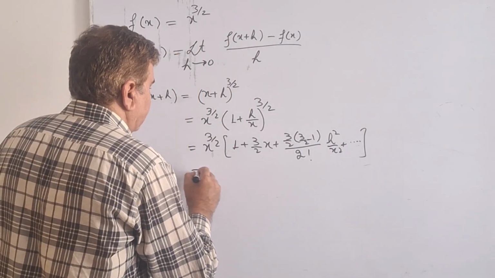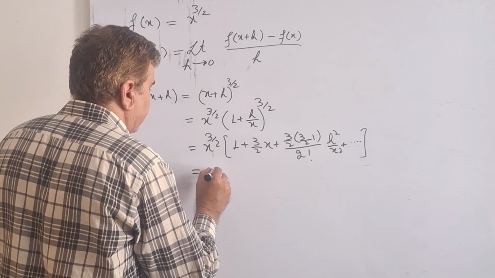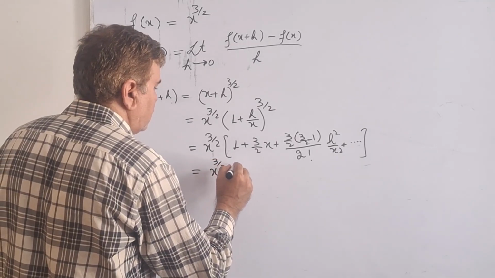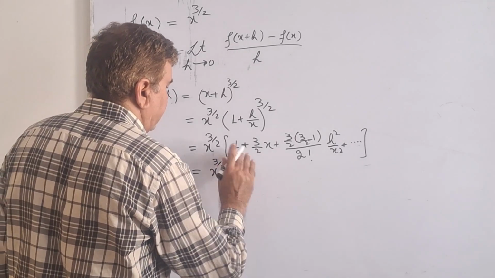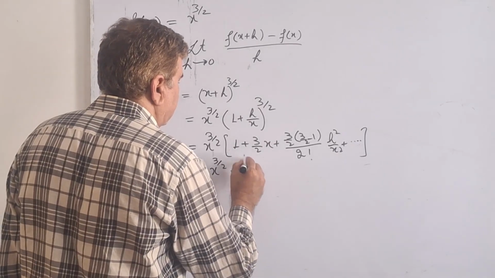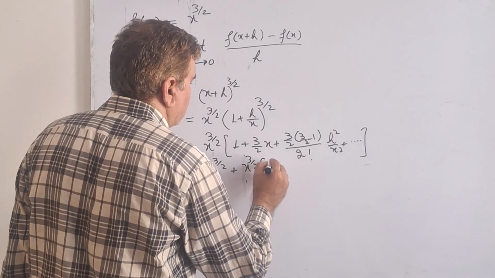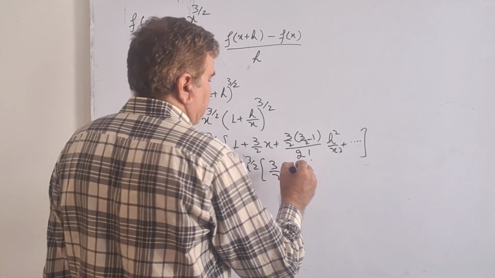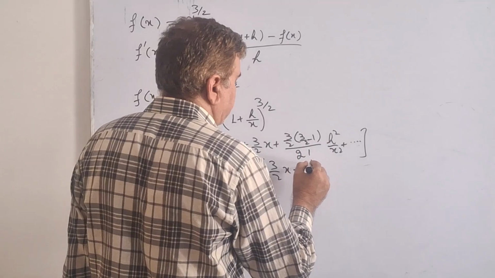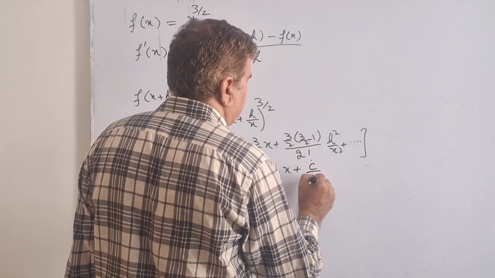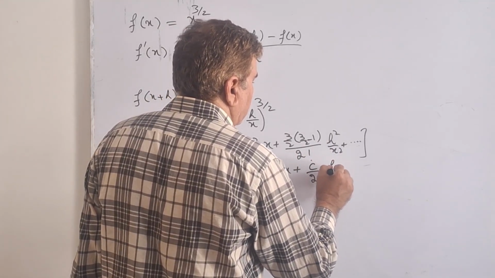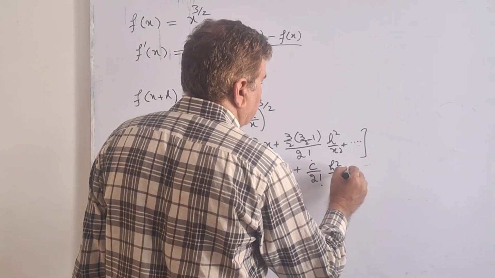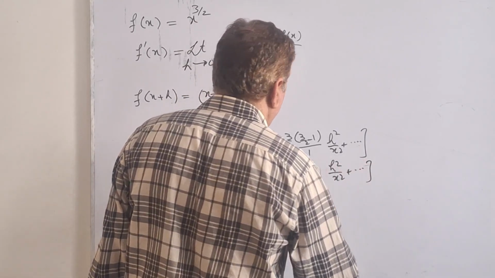Okay, I can write this separating this term: x power 3 divided by 2 plus x power 3 divided by 2 into 3 divided by 2 h over x, and then plus I put this whole term equal to c divided by 2 factorial into h squared divided by x squared and plus so on.